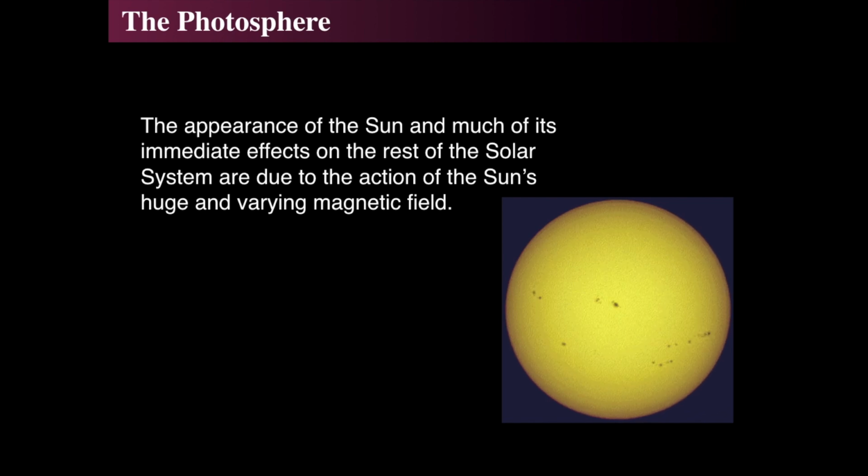But the photosphere itself has edges that appear to be darker, and it's called limb darkening, where the edge of the sun, the outer ring of the disk of the sun, we call the limb, appears to be darker. And that's because when you look towards the limb, you're looking at higher and higher elevation above the deeper portions of the sun.